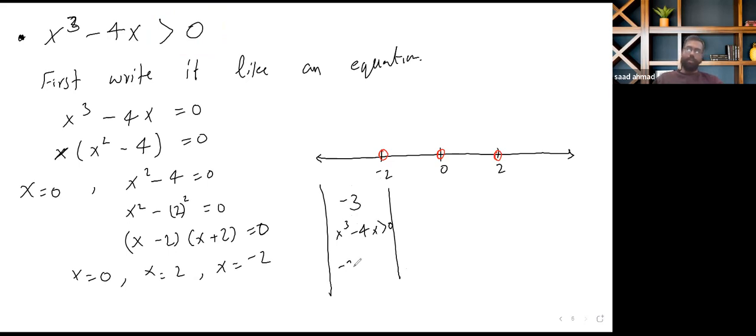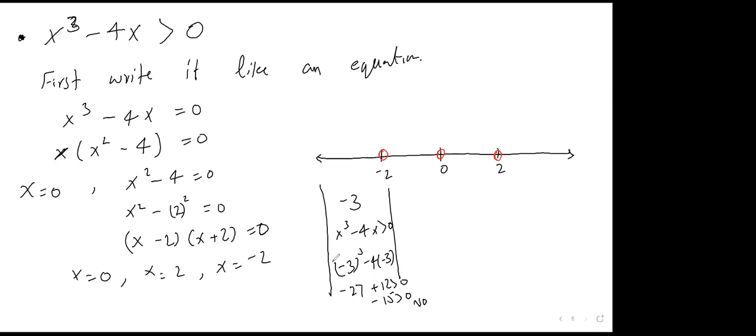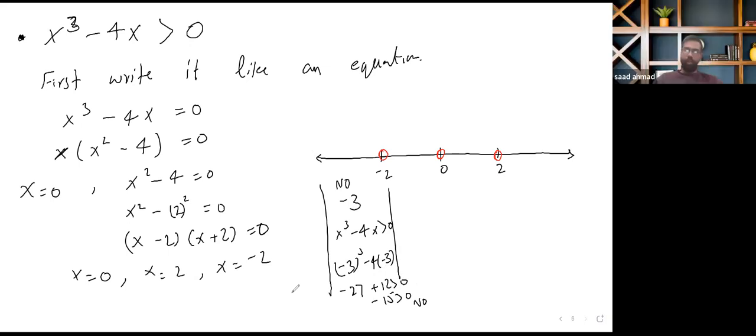So minus 3 cubed minus 4 times minus 3, that is minus 27, and then plus 12. So that is minus 15. Is minus 15 greater than 0? Answer is no. So this answer is no for this whole interval. So we cross this whole interval. This is not part of the solution.